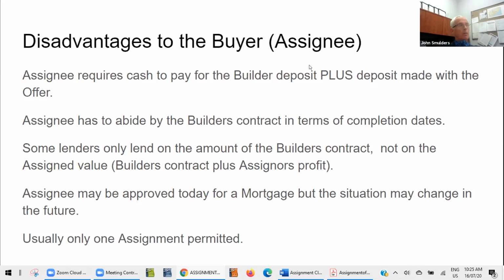The profit that the assignor makes is not necessarily market value today. It's more so market value when the property closes, when it has completed. And so that's why some mortgage lenders will only lend on the builder's contract.